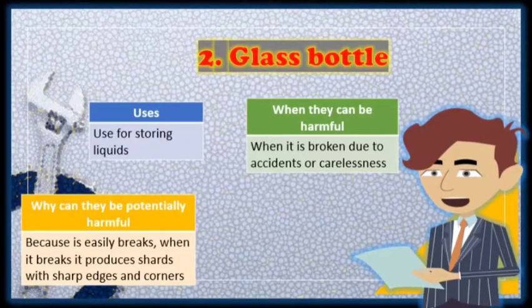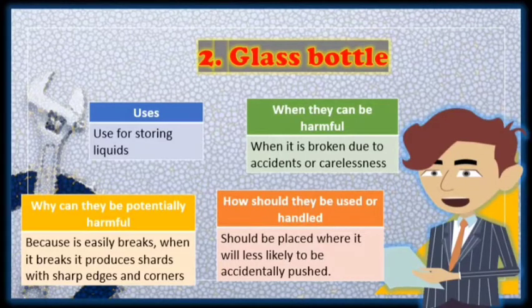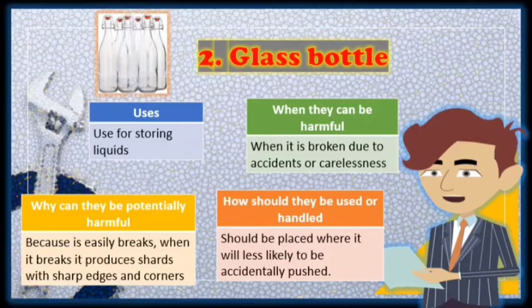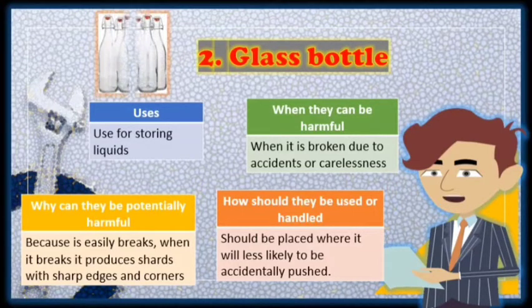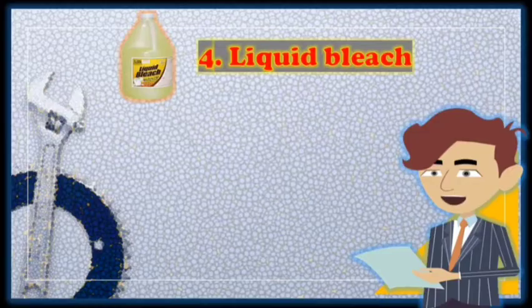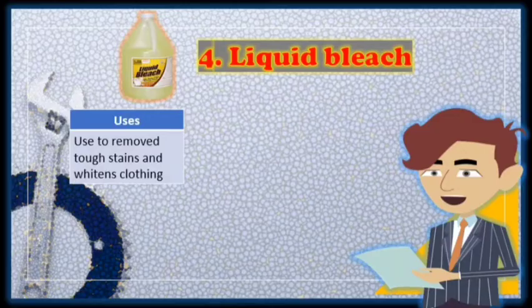They can be potentially harmful because they break easily, and when they break, they produce shards with sharp edges and corners. Then how should they be used or handled? They must be placed where they are less likely to be accidentally pushed.